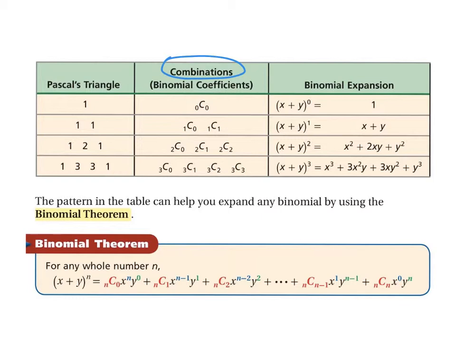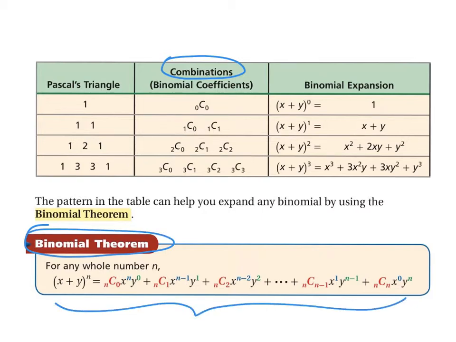And they predict the coefficients for us. The binomial theorem, which we're stating down here, is the generalization of what we learned in that table. In particular, you'll notice that we can figure out the coefficients from Pascal's triangle, and then the powers of x are counting down, if you look at the exponents, n minus 1, n minus 2, and so on. And the powers of y are counting up, 0, 1, 2, 3, and so on until you get to n. And we use that pattern to multiply these things out.